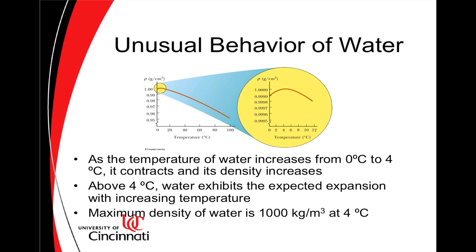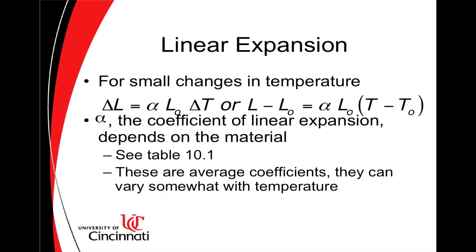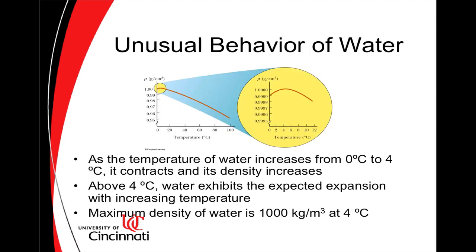The final thing is that obviously if they expand along one dimension, then they expand along two dimensions. So you can have an areal expansion or you can have a volume expansion. And water in particular is highly unusual in that as you lower the temperature it becomes more dense.